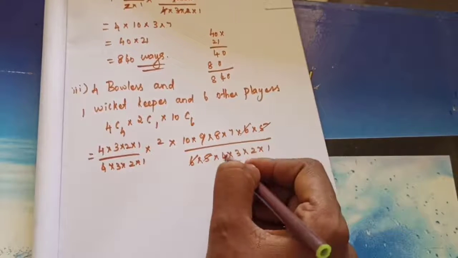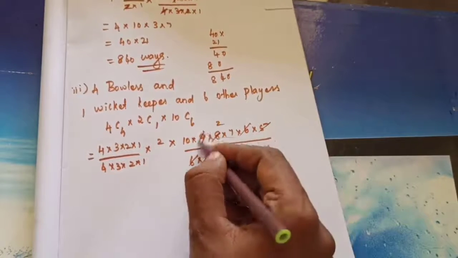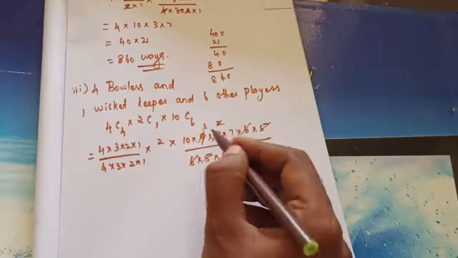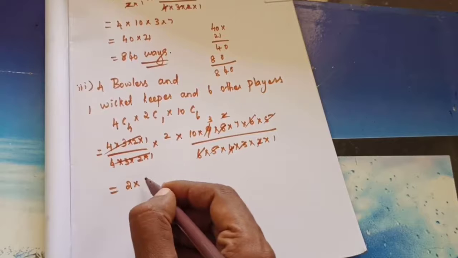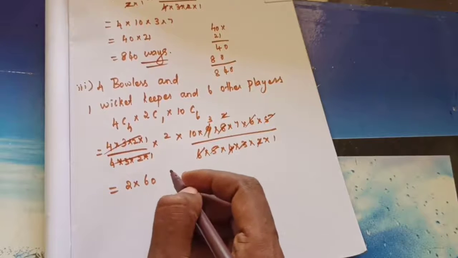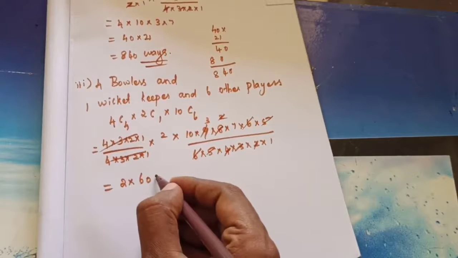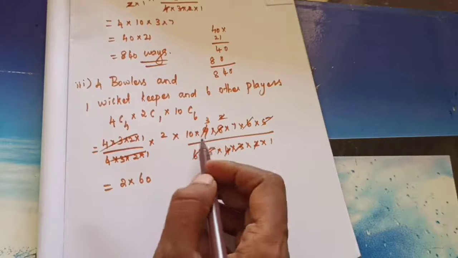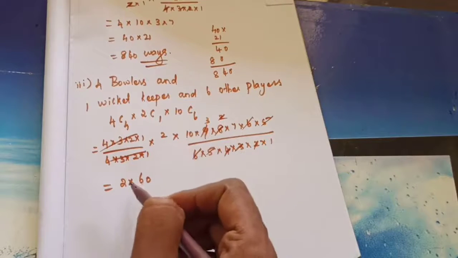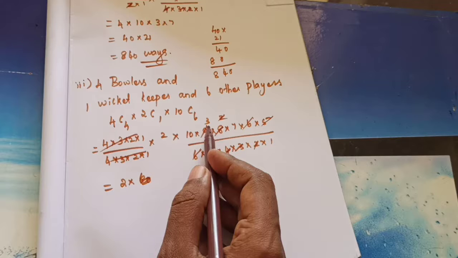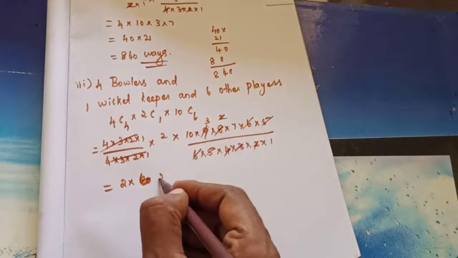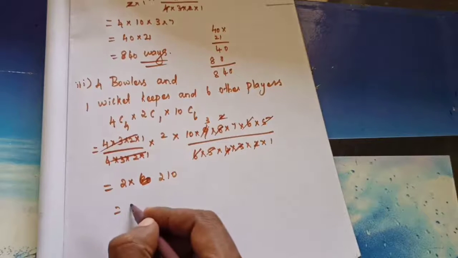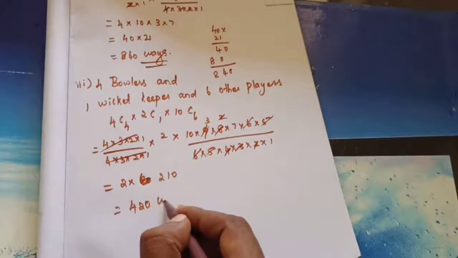Here it will be 2. Here it will be 3. 2 gets cancelled. So here everything will be cancelled. So 2 into 10 into 3, 10 into 3, is it right? So 30. 30 into 7 is 210. So if you multiply by 2, you will get 420.